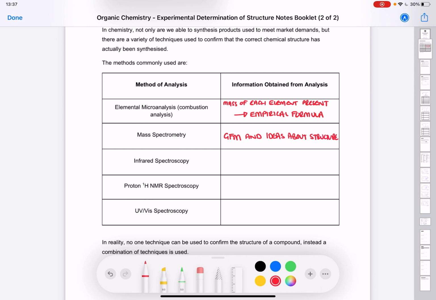With infrared spectroscopy, the information that we get is about the functional groups that are present. With proton NMR spectroscopy, the information is all about hydrogen. So that would be the environments of hydrogen, and we also get some ideas about structure as well.